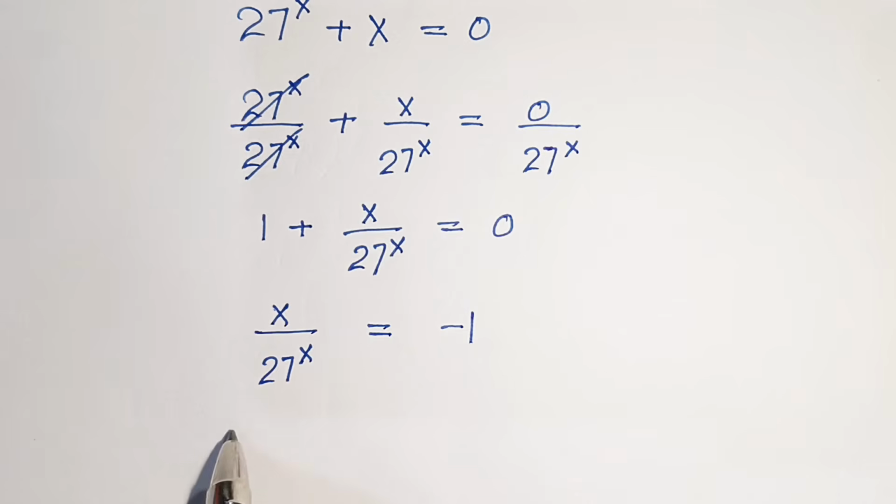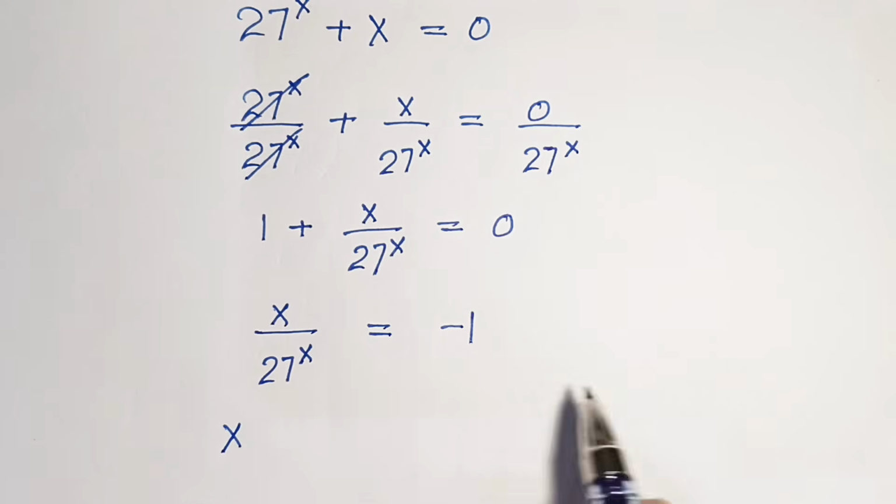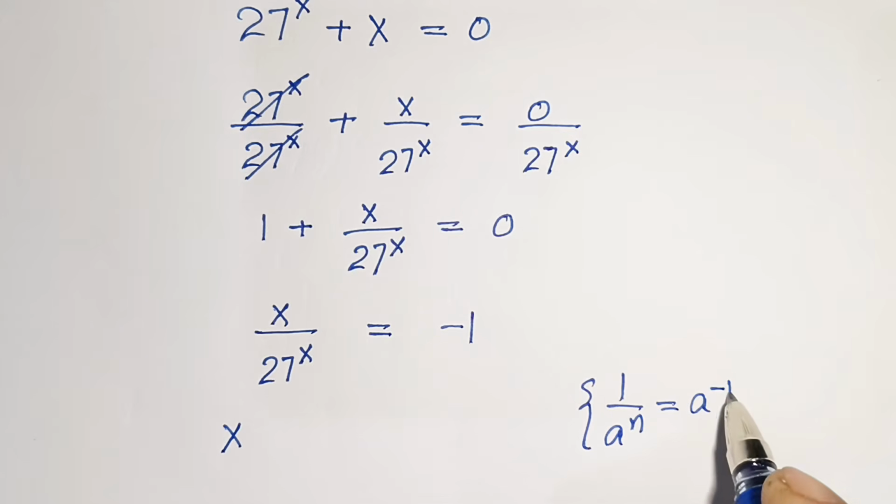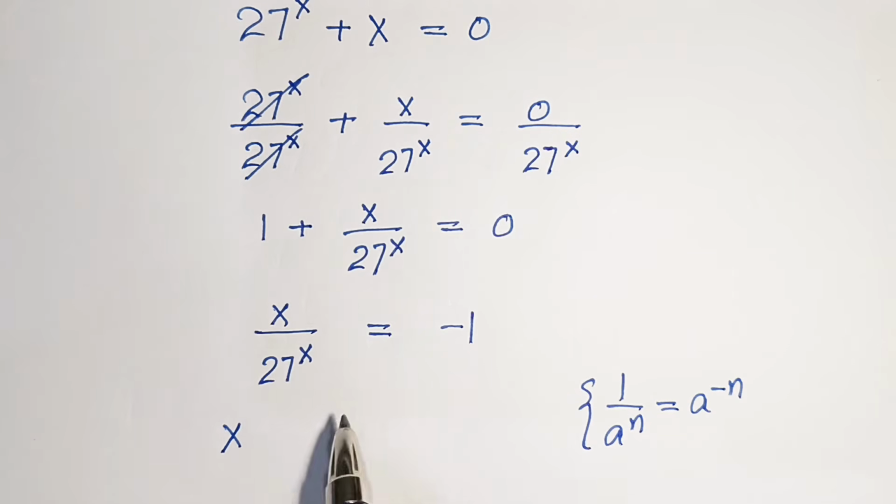Here, 1 over 27 to the power x can be written, as we know that a to the power n is equal to 1 over a to the power minus n. So here we have x times 27 to the power minus x is equal to minus 1.